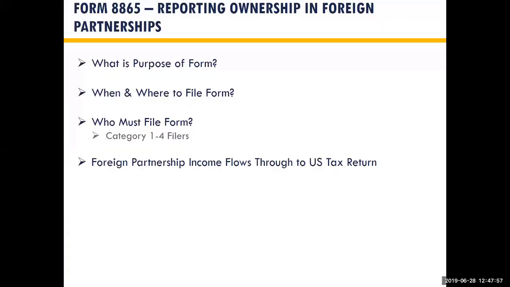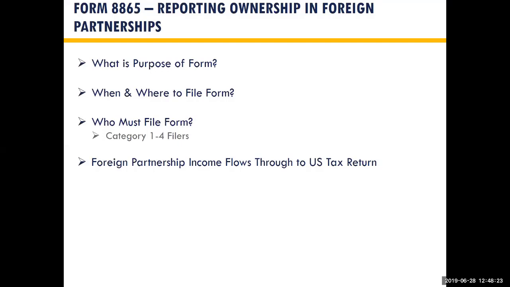Form 8865, we're just going to plow through this because we're running out of time, and I have quite a bit of information left to cover. The purpose of the form 8865 is just really to be compliant with IRC sections 6038 and 6046.